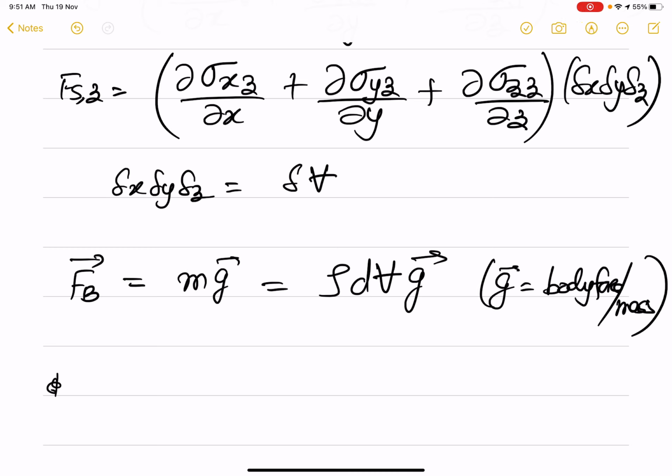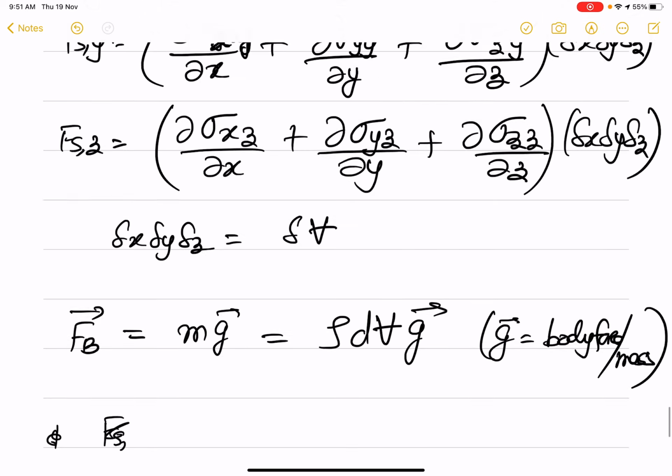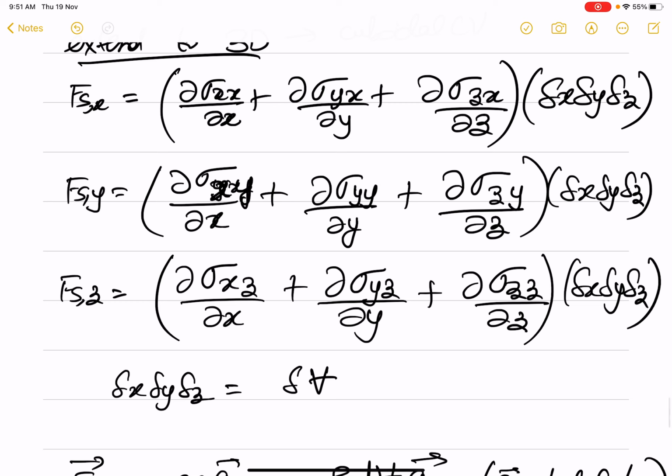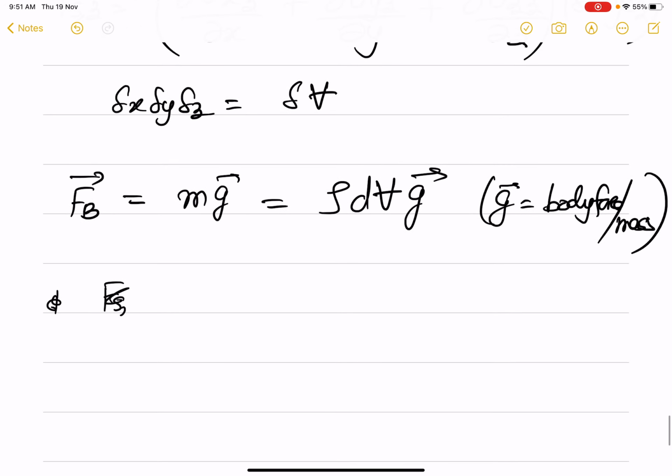what we will do is, let us represent this surface force which we have. The surface force, this term which we wrote in brackets, Fsx, Fsy, Fsz, these are these 9 terms, this combination of these 9 terms. And what we'll do is, let us write surface force divided by delta x, delta y, delta z, and we use a compact notation.